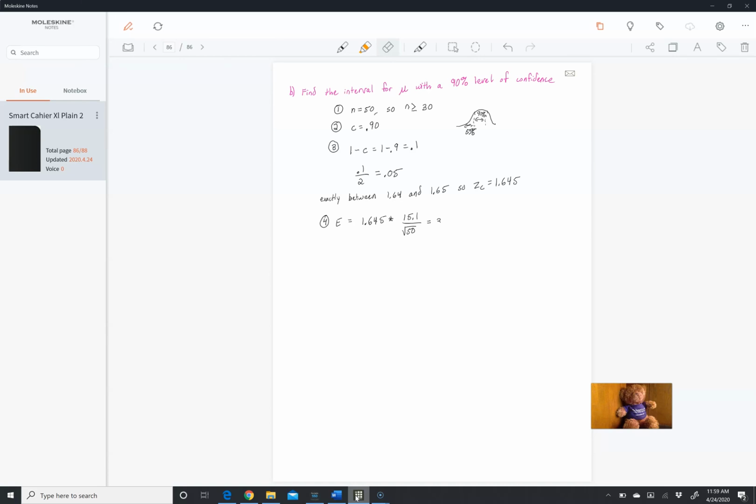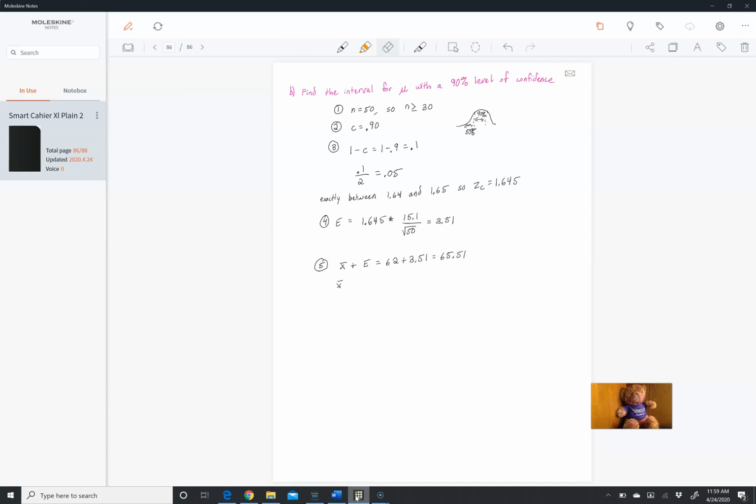And for this, we get 3.51. So now let's find the interval. We're adding the 3.51, so we have 62 plus 3.51, which gives us 65.51.